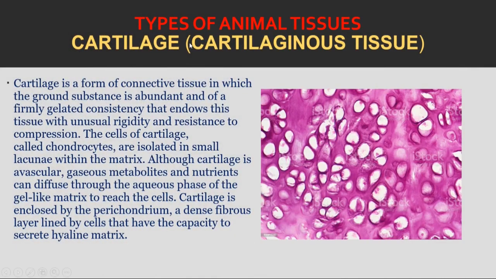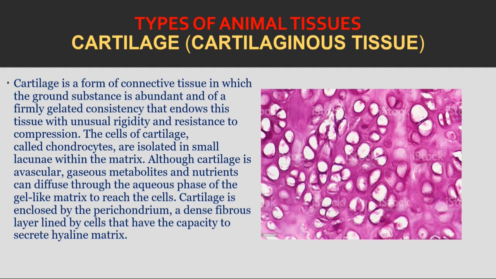So this is the next type of animal tissue, which is cartilage or cartilaginous tissue. What is its function, its structure and its location? Let's discuss in this slide itself.